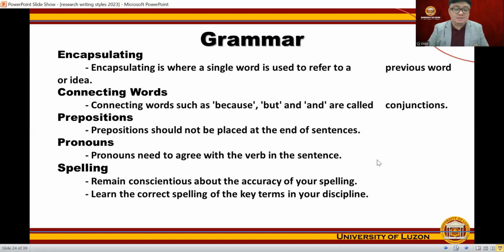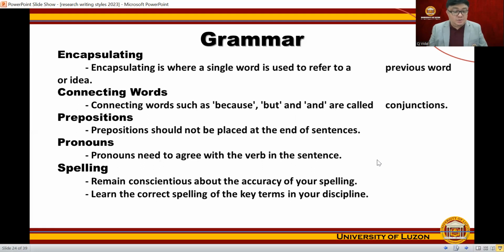You should not place prepositions at the end of sentences. Do not place prepositions at the end of sentences. Pronouns: you need to remember always that pronouns need to agree with the verb in the sentence.